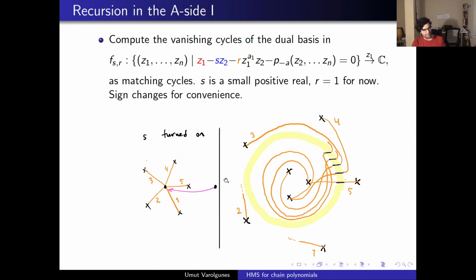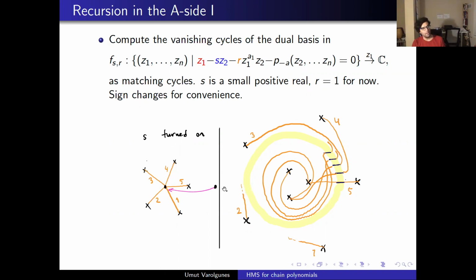Instead of doing that, I will compute the small Fukaya-Seidel category of the dual distinguished basis, which was given by these yellow paths. But the yellow paths originally went from here to here, here to here, here to here, here to here, and here to here.